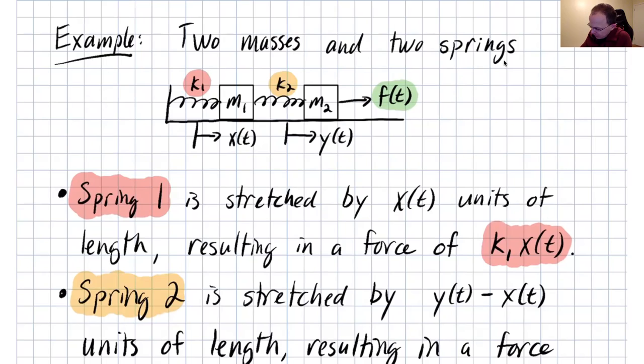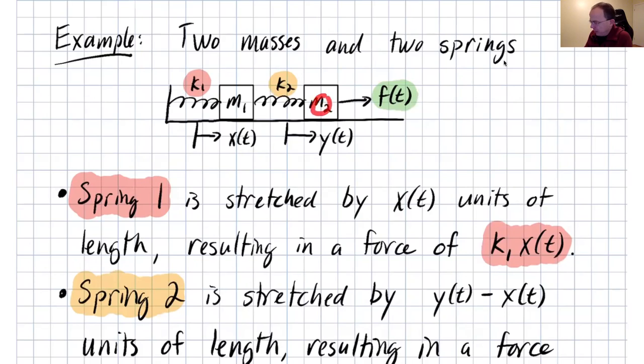The first spring has a spring coefficient of k1, and the second spring has a spring coefficient of k2. And then we have an external force on mass 2. So the way we can think of this is perhaps there's something spinning inside here, causing this mass to move back and forth a little bit.